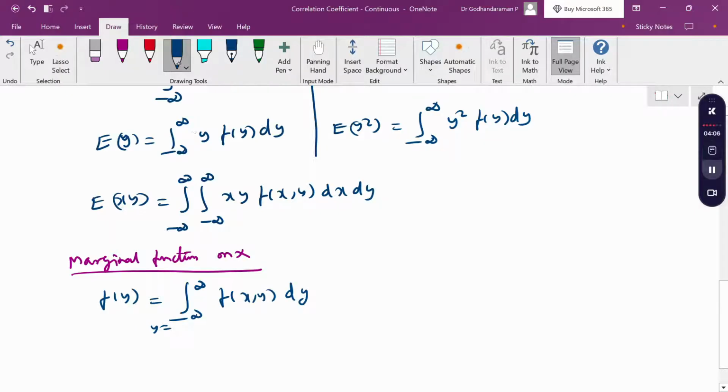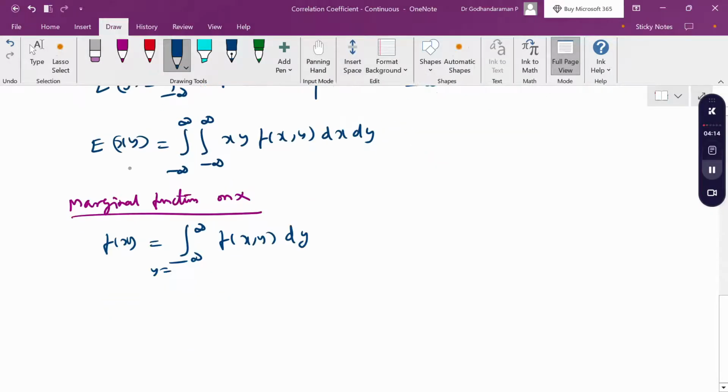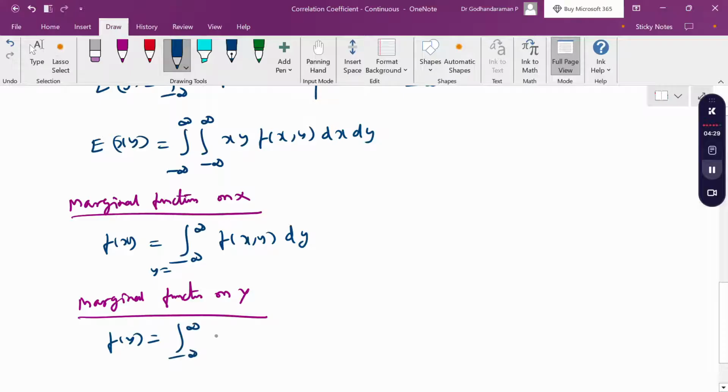Then the marginal function on y: f of y is the integration from minus infinity to plus infinity of f of x comma y with respect to x.